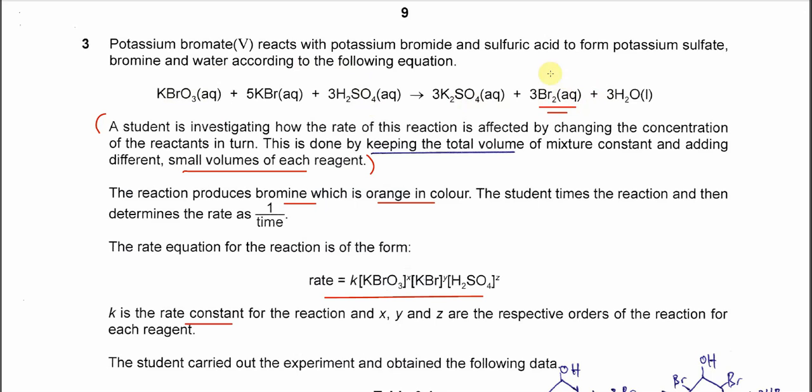Bromine is the one that forms the color, the orange color. And this formation is actually immediate, meaning when you add these three, you straight away will see the orange color. So we can actually delay the formation of bromine by adding something.